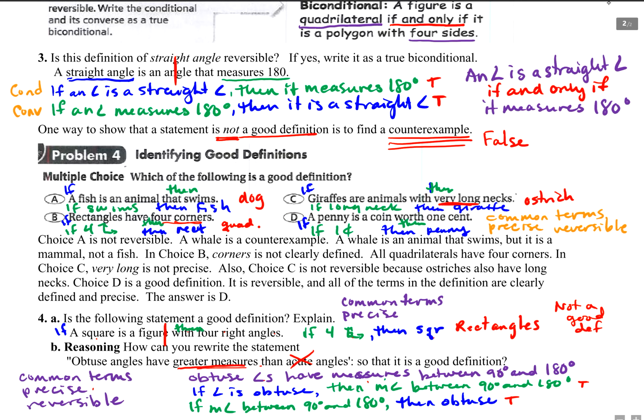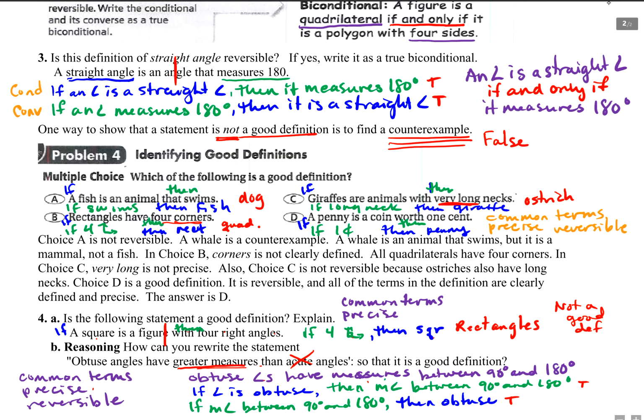So we write our conditional. If an angle is obtuse, then the measure of the angle is between 90 and 180 degrees. That one's true. I like that. Obtuse, and yep, that's what obtuse is. And its converse. If the measure of an angle is between 90 and 180 degrees, then it is obtuse. Yes, that's also true.